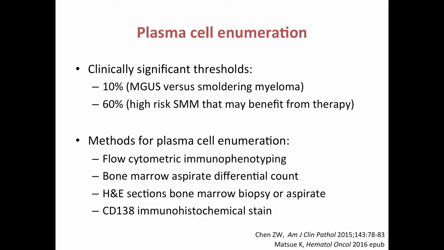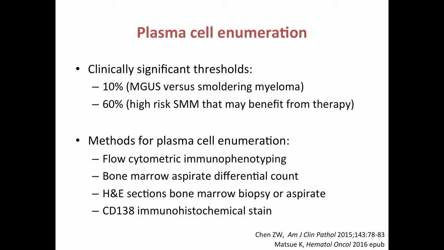Determining the proportion of neoplastic plasma cells is useful for diagnosis and monitoring. Although this is often difficult to determine with accuracy, it's useful to consider relative to some important thresholds.